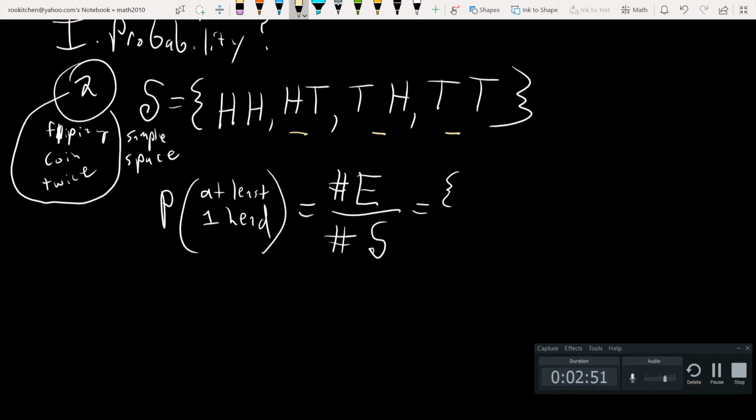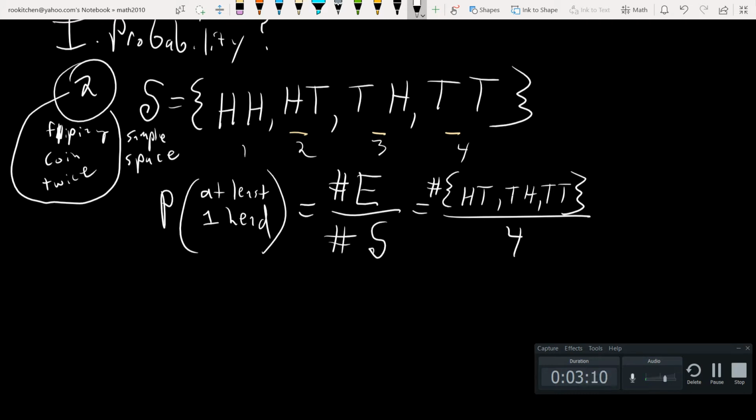So the elements in the event space are HT, TH, and then TT. Wait, that's not right: we look for elements with at least one head, namely HH, HT, and TH. We know the number of things in the sample space: there's 1, 2, 3, 4 things, so we'll put 4 down here. And the number of things in the event space, there's 1, 2, 3 things, all over 4, and that turns out to be the probability.